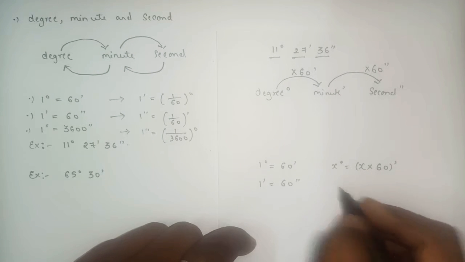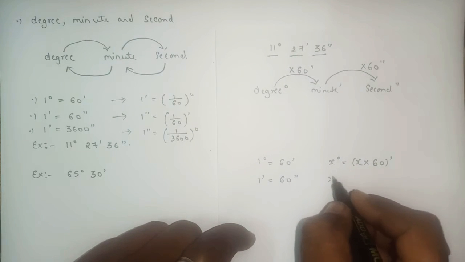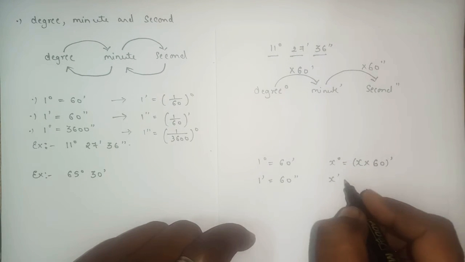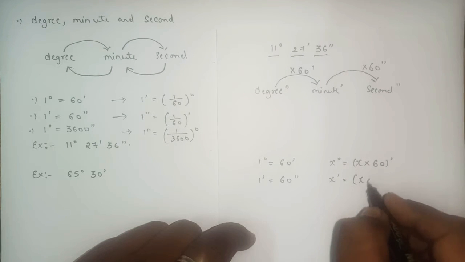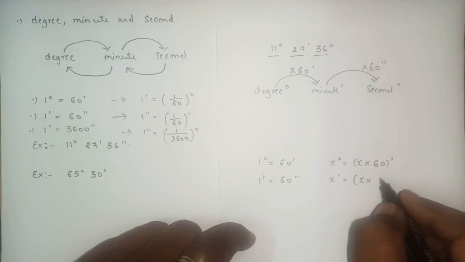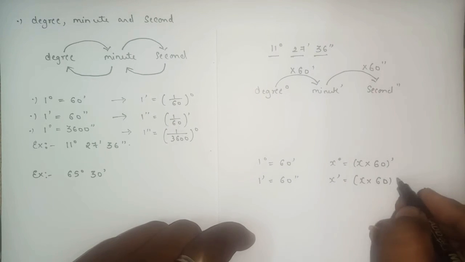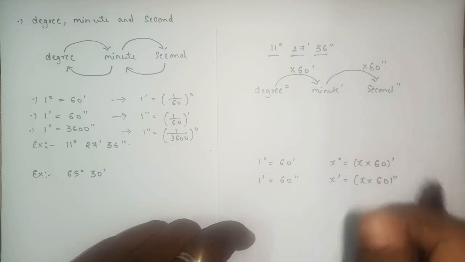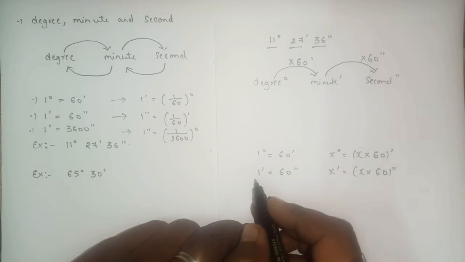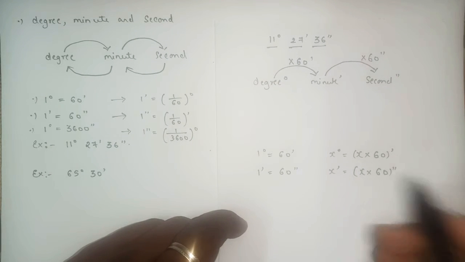In the same way, suppose we have x minute and we have to convert that minute into second. Simply multiply that term by 60, and that minute will get converted into second. So this is the conversion: 1 degree is equal to 60 minute and 1 minute is equal to 60 second.